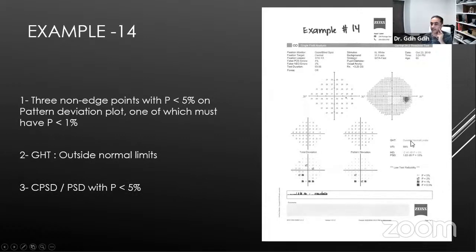GHT, do we have it? Outside normal limits, so we do have GHT. Do we have PSD of less than 5%? No, it's less than 10%. So we have a check mark here and lost there. So you can tell this is not glaucoma.